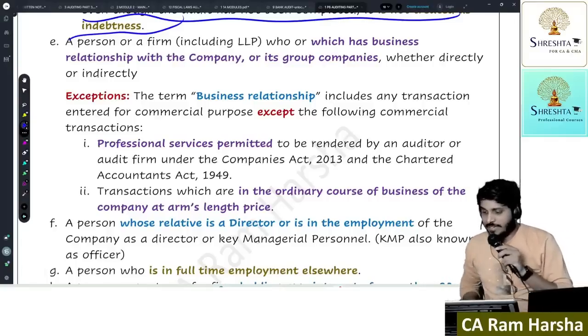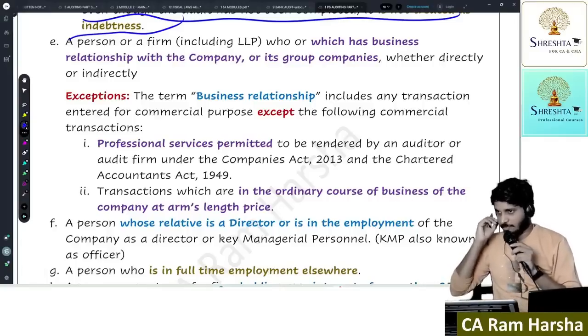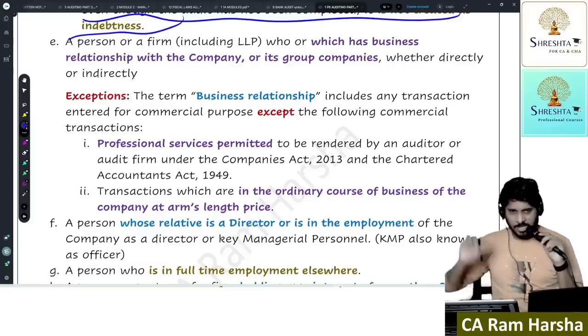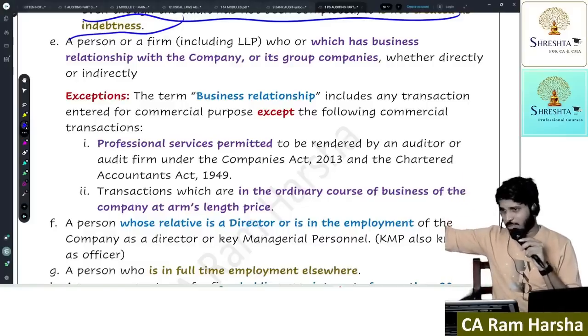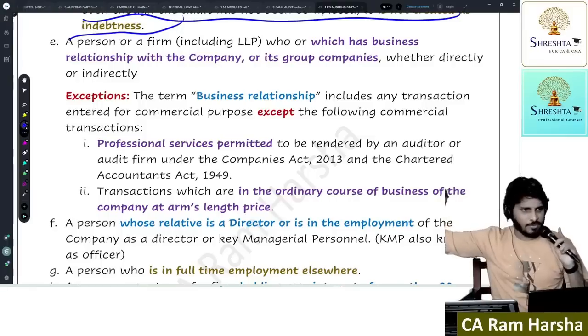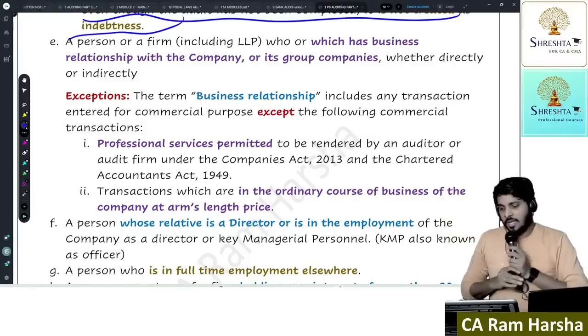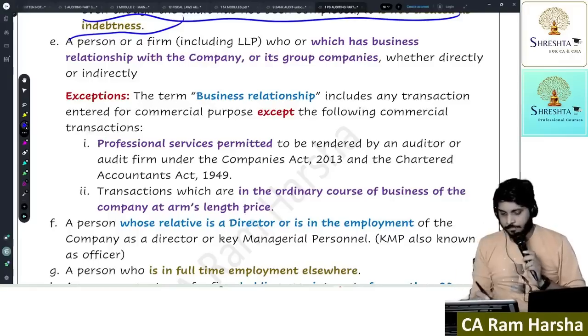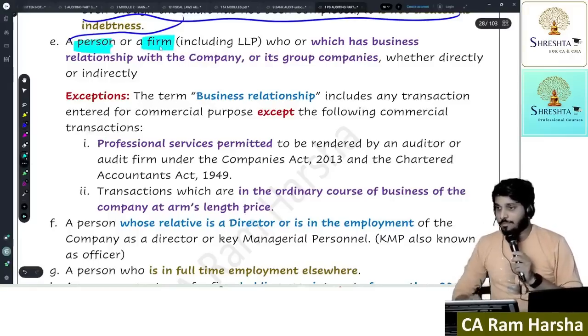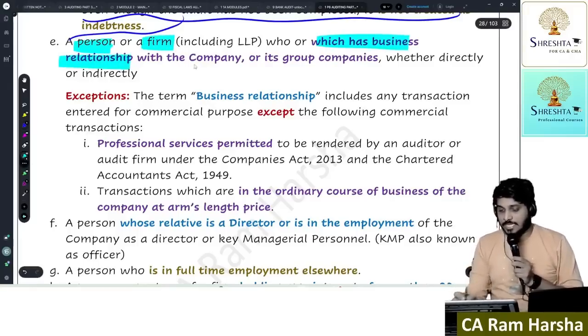So the next disqualification is regarding business relationship. Remember, I will not cover each and every point. Briefly, I will revise and proceed. Getting it? So what are they saying? If a person or a firm has a business relationship with a company or group companies.